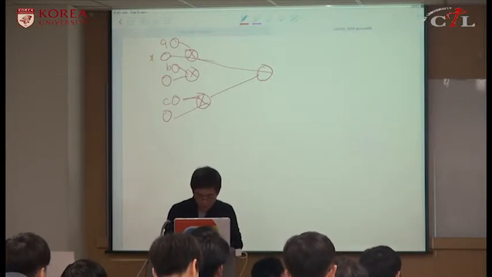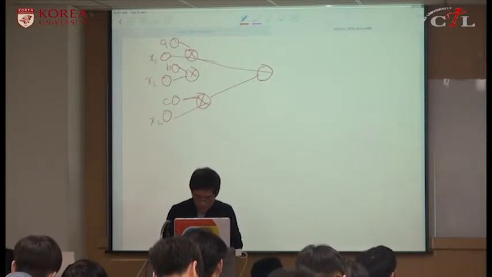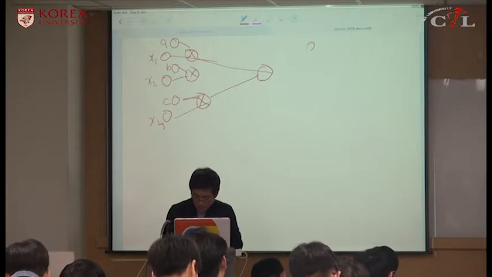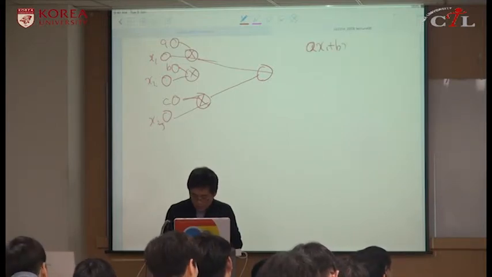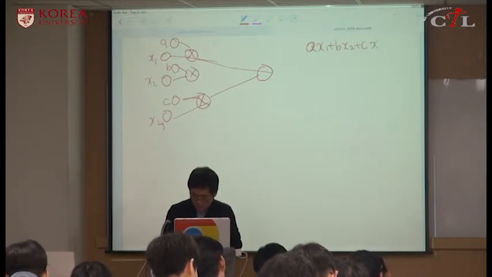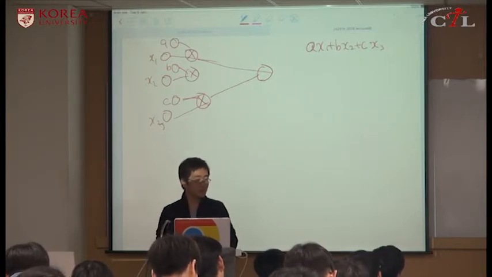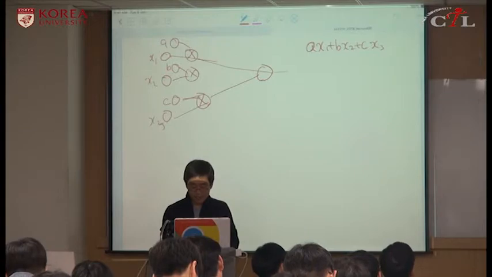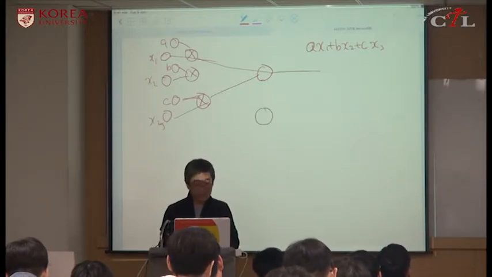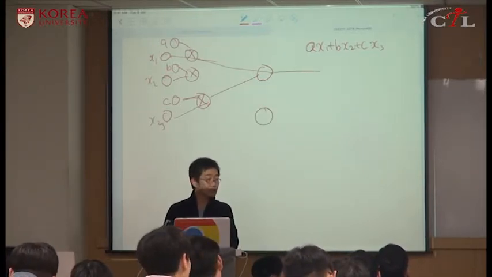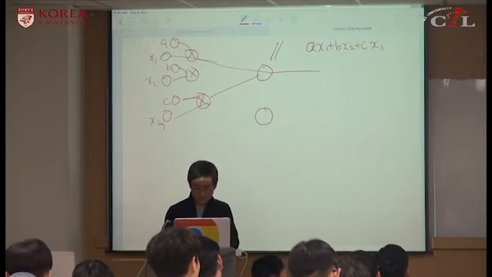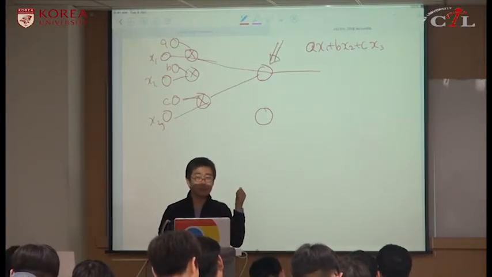Okay, so x1, x2, x3. I'm just representing this fully connected layer. Although we have a bias, let's just ignore it for now. And we have another output node in a single layer, but let's just fix the output node as a single one.